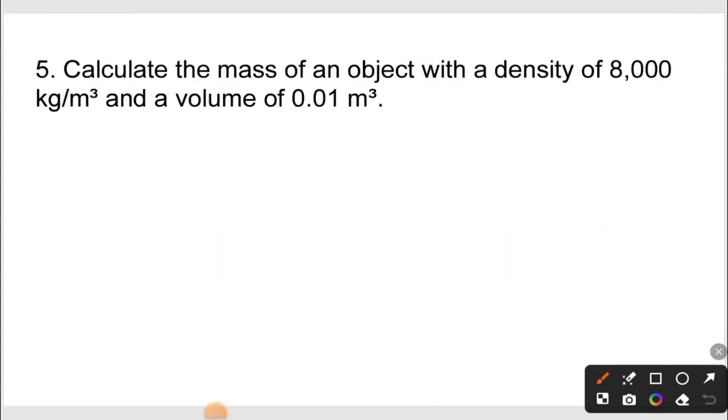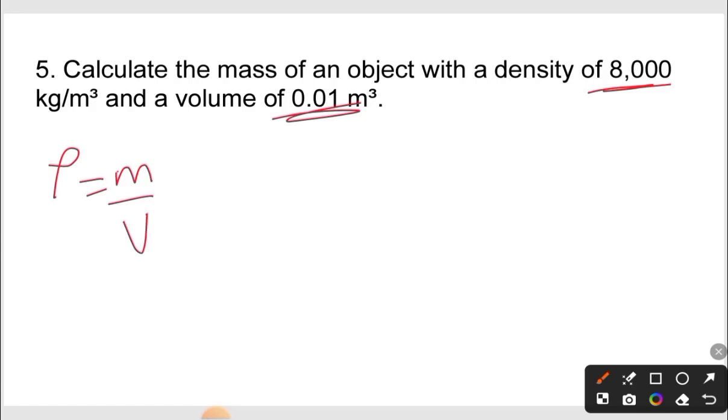You can try your hands on this one. Just pause the video and try. The question says calculate the mass of an object with a density of 8000 kilogram per meter cube and its volume 0.01 meter cube. Now we know density of an object equals mass over volume.